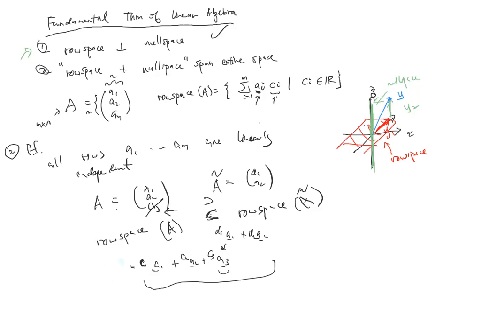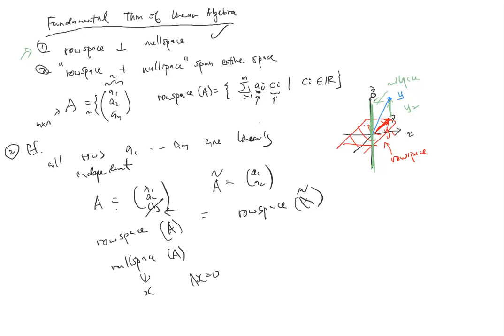Now, I also know that not just the row space is the same, but the null space will be the same as well. So if I consider a vector x, let's say, in the null space of A, so I have Ax equal to 0, right?